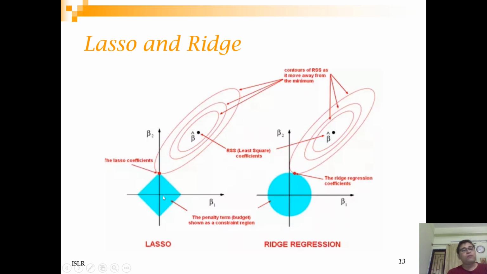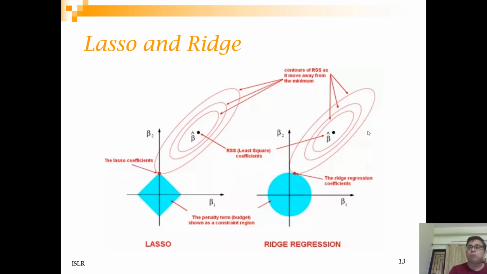Whereas in case of Lasso, it gives a shape like a diamond. So it has sharp angles. And what these contours indicate: you cannot represent your loss function with respect to beta 1 and beta 2 because that needs a three-dimensional plot. So for that you use contour plots.